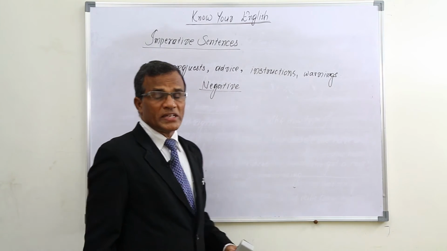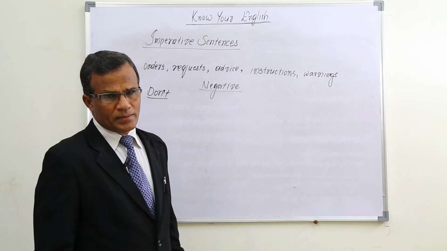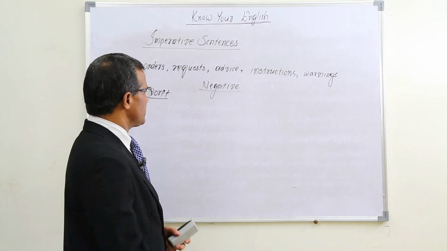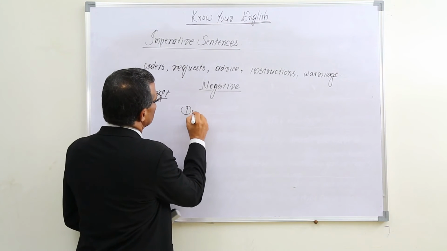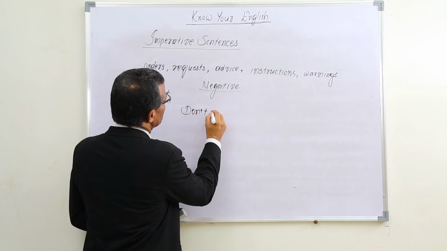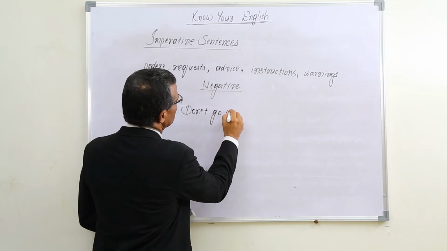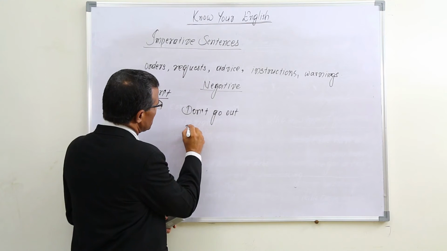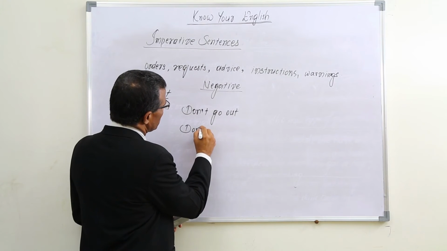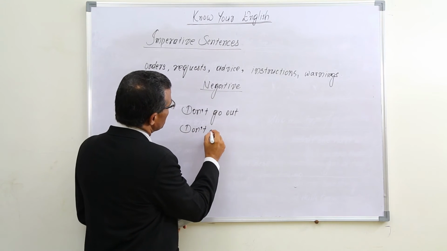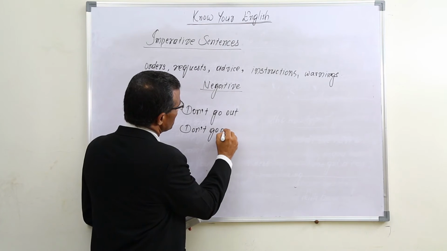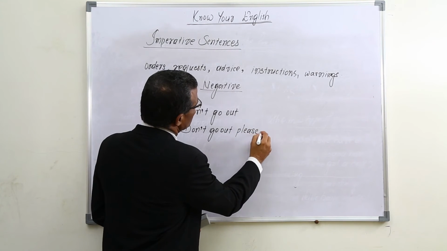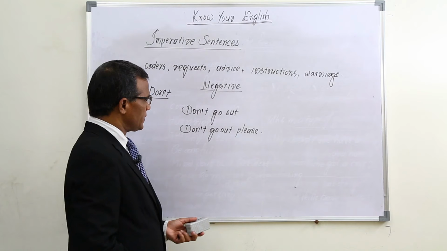By taking don't, we can frame negative imperative sentences. For example, don't go out. If you want to add please, it becomes a request also. Don't go out, please.